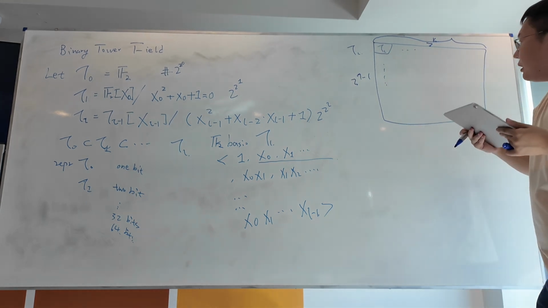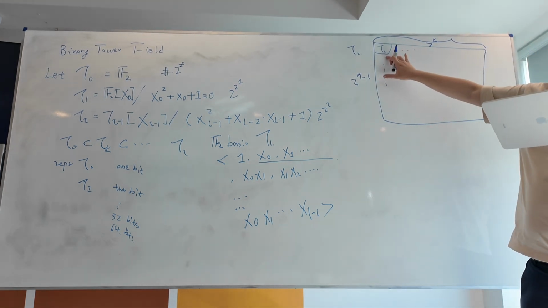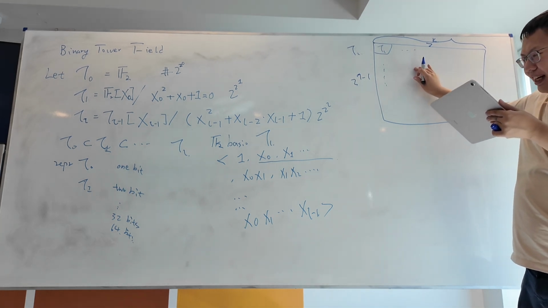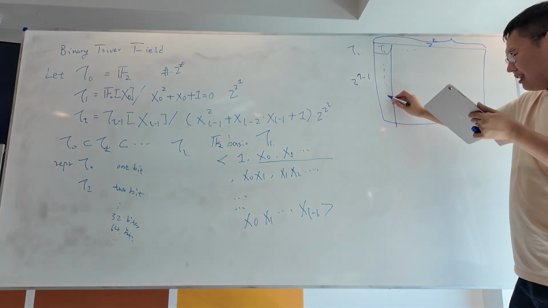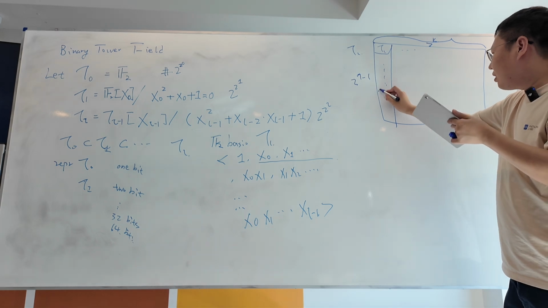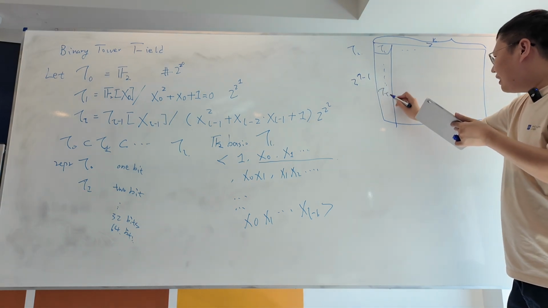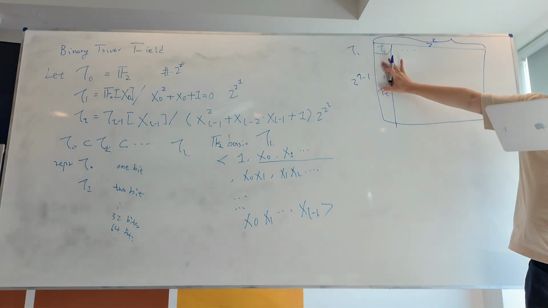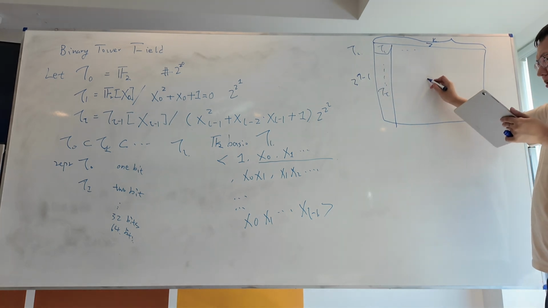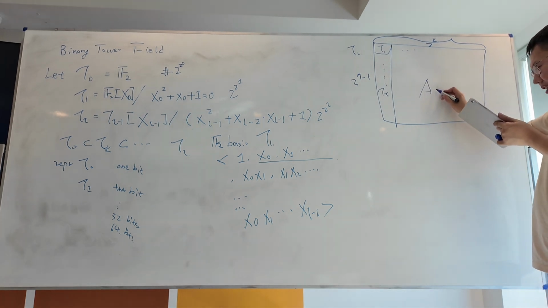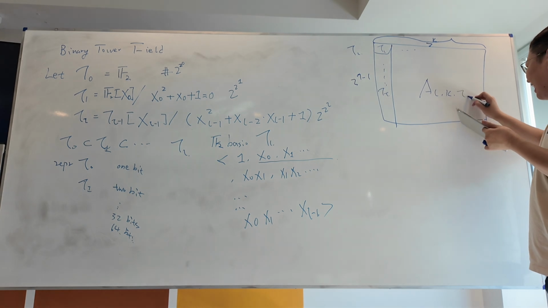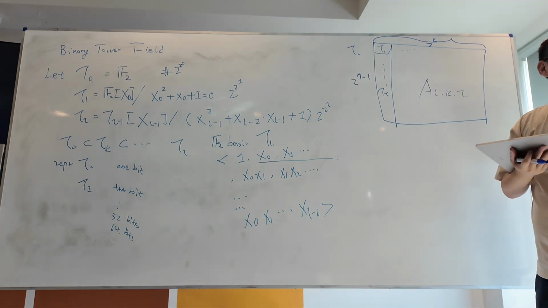The trick here is you commit in these small blocks, and you can actually use this, this is tau, as a field element. You can even use this whole thing, called iota kappa tau, as a big field element.